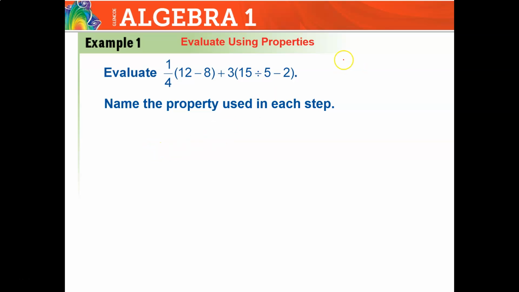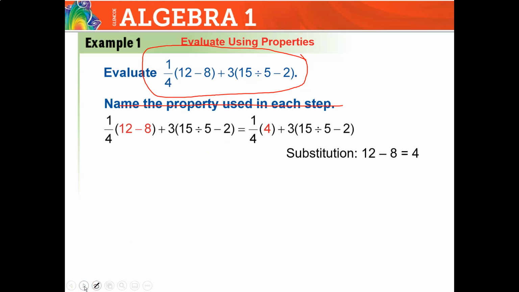So on your lesson today, you're going to use GEMDAS to solve, but I'm not going to make you name the property in each step, okay? You are just going to solve the equations, all right? Let's go through this one step by step.